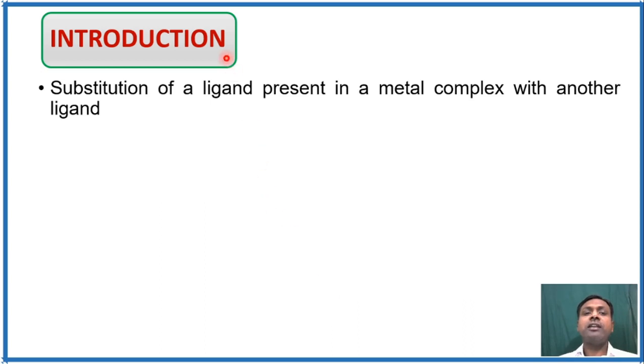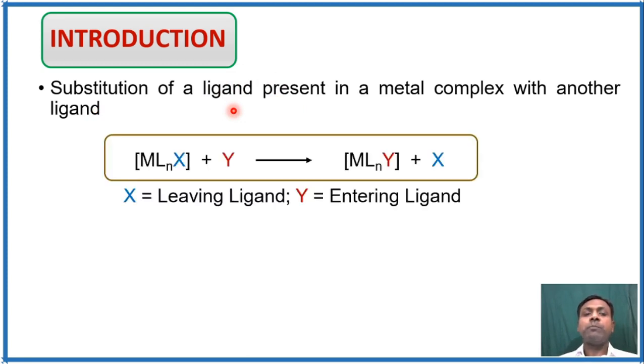First, the introduction of this topic. In these reactions, a ligand present in a metal complex is substituted with another ligand. That means one of the ligands present in a metal complex is replaced by another ligand. For example, this is the complex MLnX.